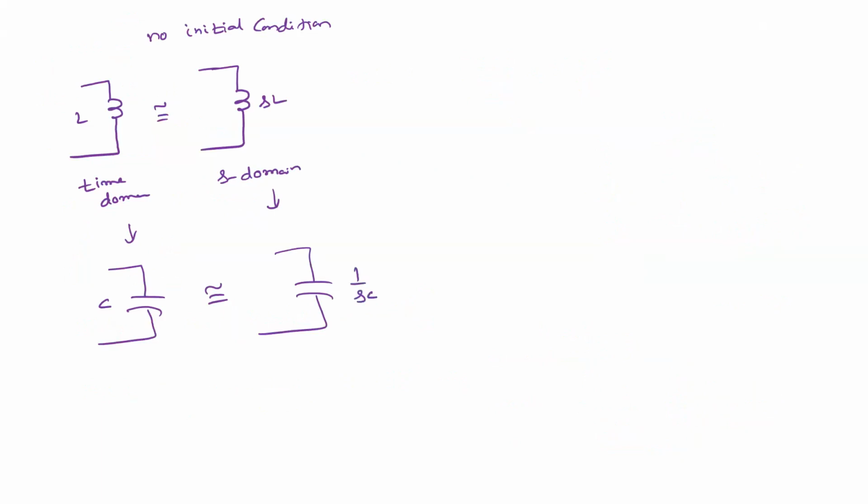Understood? The only change is V of S and I of S in the S domain, and V of T and I of T in the time domain. So that's all.